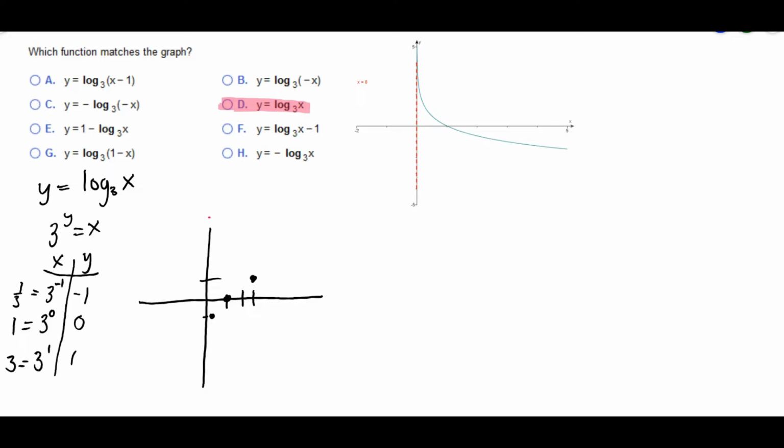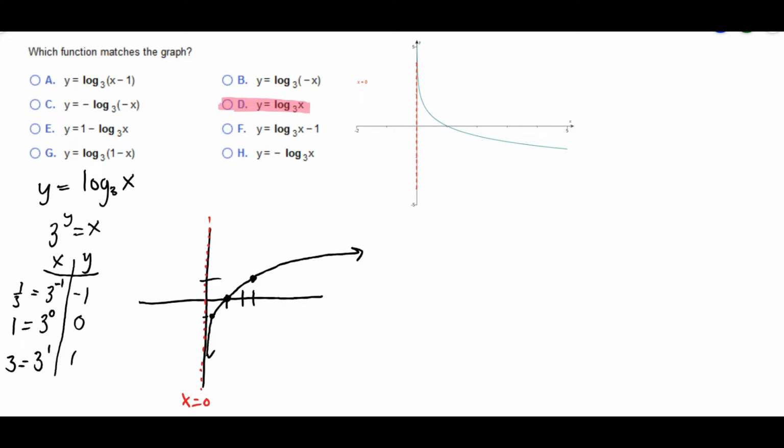This log function has a vertical asymptote at x equals 0, and the domain of logs only goes from 0 to infinity. So you're going to see the graph of this function is only on the positive side of that y-axis.